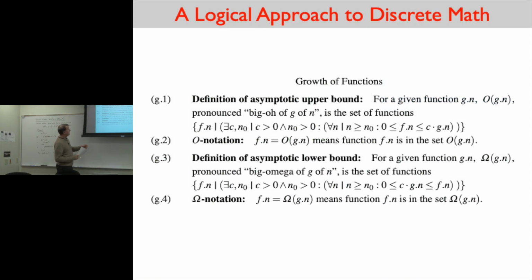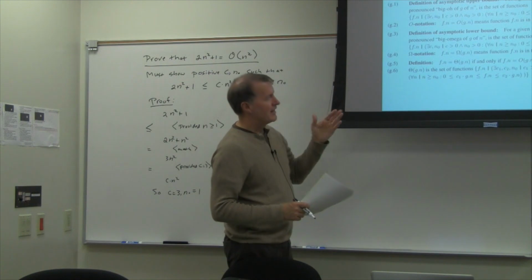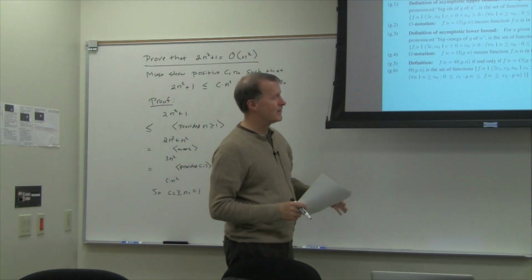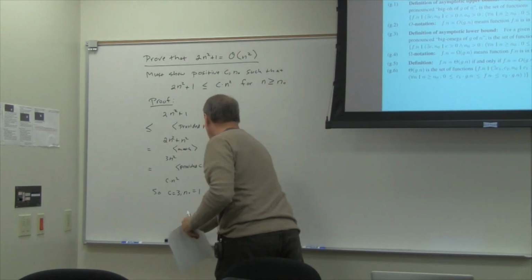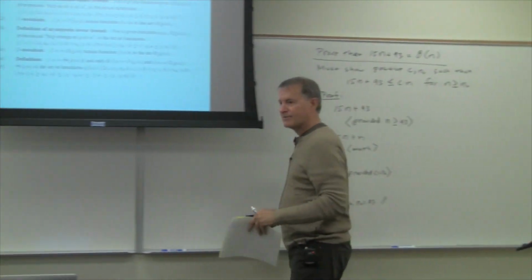Oh, okay. Actually, that point that I made about being in the set, that's G point 2. That's big O notation. f of n equals big O of g of n means function f of n is in the set. All right. Now, the same thing that we did for the upper bound, we can do for the lower bound. Only this time, instead of using the uppercase letter O, we use the Greek letter omega.